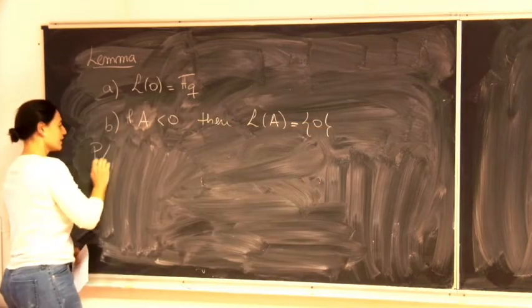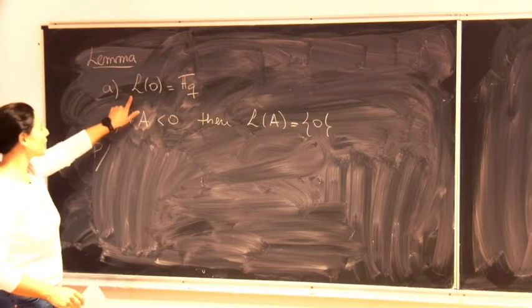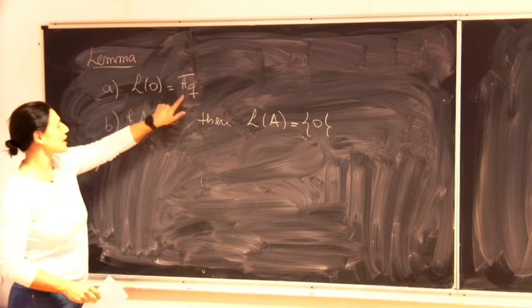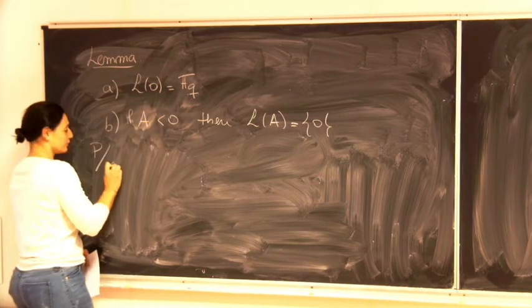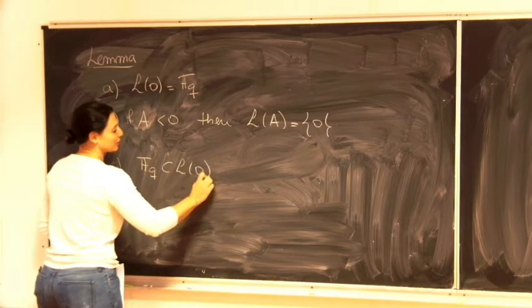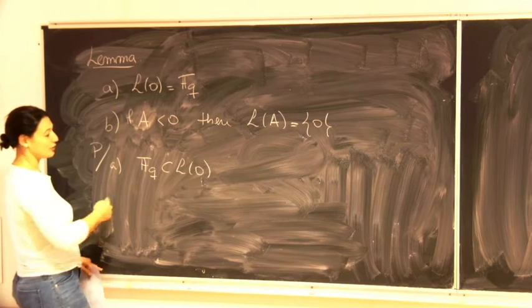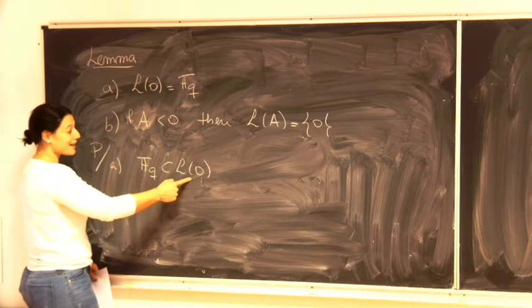And this is also easy to prove. First, if we want to prove that these two sets are the same, let's prove first that F_q is inside the Riemann-Roch space of 0.